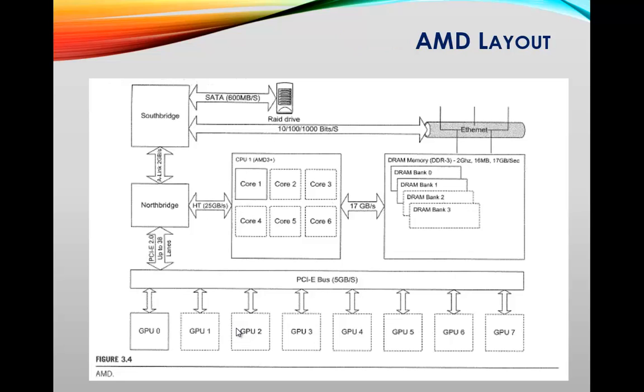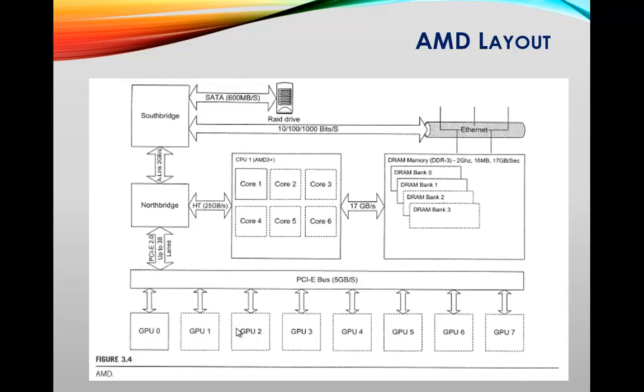Now, how does this compare with the AMD design? AMD still connects your PCI Express bus to the North Bridge. Your secondary storage units, your RAID drives, your SATA drives are all connected through the South Bridge. The North Bridge connection to your core CPUs is at 25 gigabits per second, and your DRAM is connected at 17 gigabits per second.